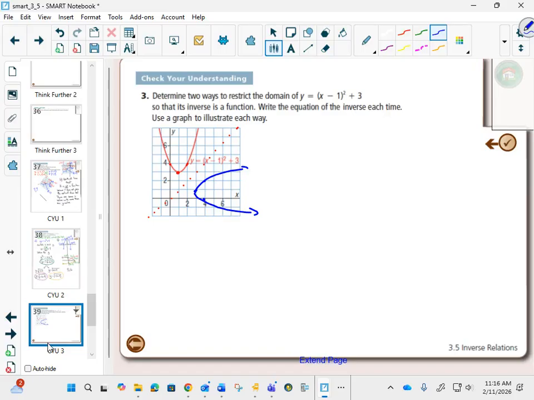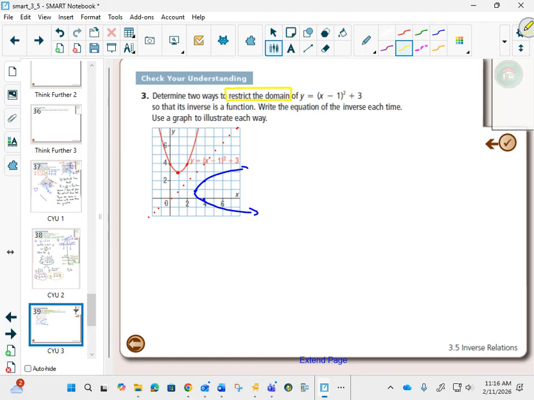And we should know this by looking at the original graph. If the original graph doesn't pass the horizontal line test, the inverse graph won't pass the vertical line test. So what they're saying in this question is, can we restrict the domain so it passes the horizontal line test?